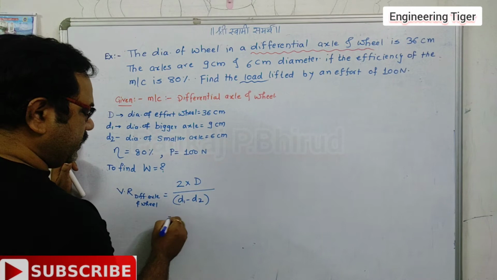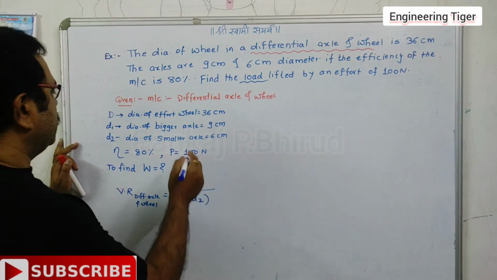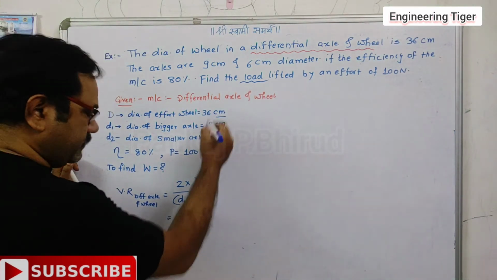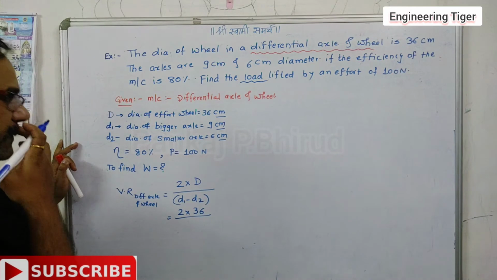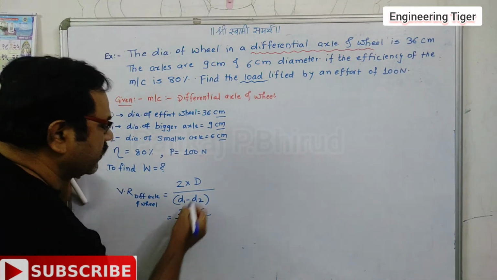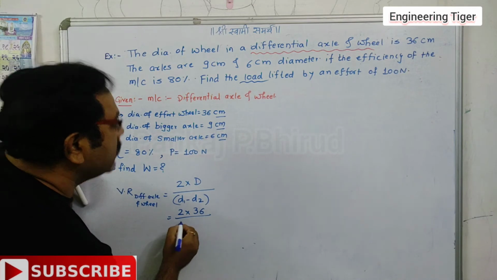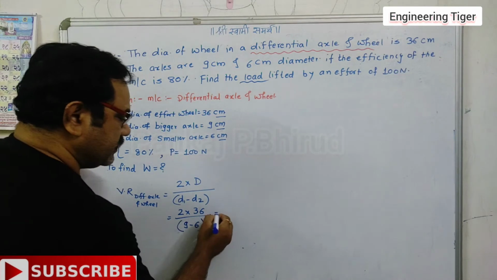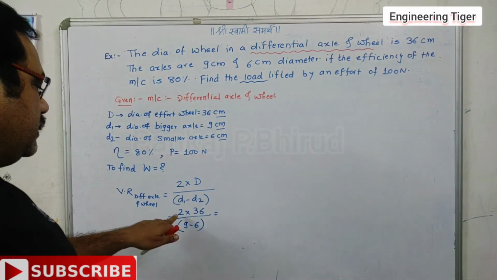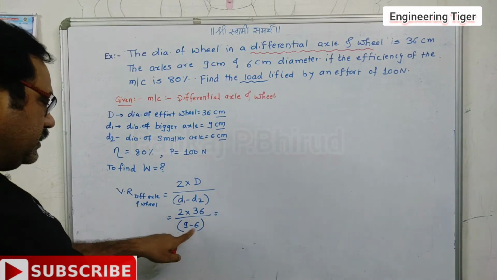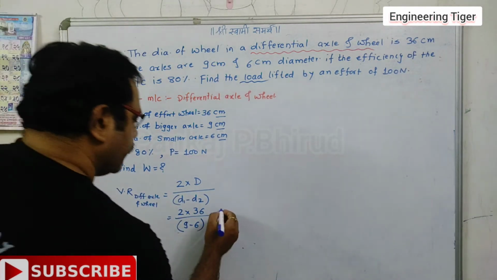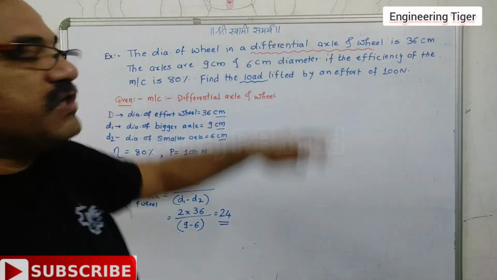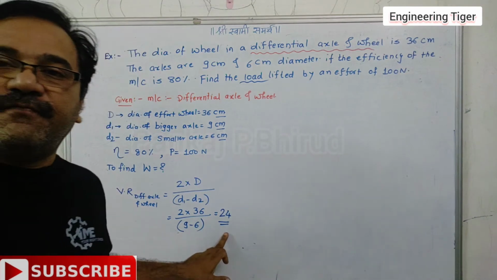So we'll get 2 into capital D, which is 36 centimeter. Now the units are the same, so no need to convert into meter or mm because they will cancel. And 9 minus 6. So VR is 2 into 36 upon 3. So 12 into 2, 24. So the velocity ratio of this particular differential axle and wheel is 24.